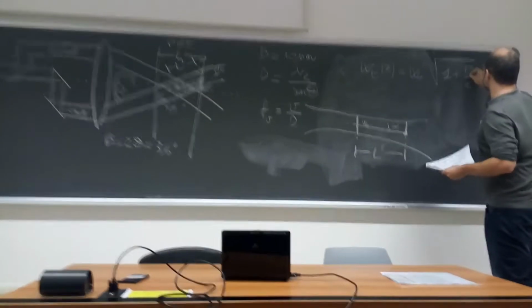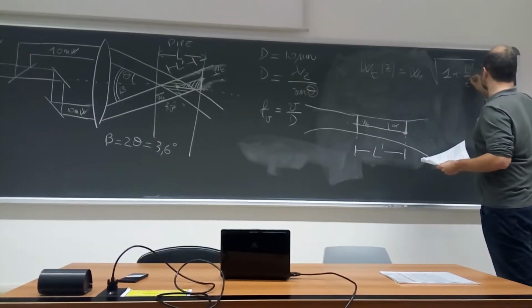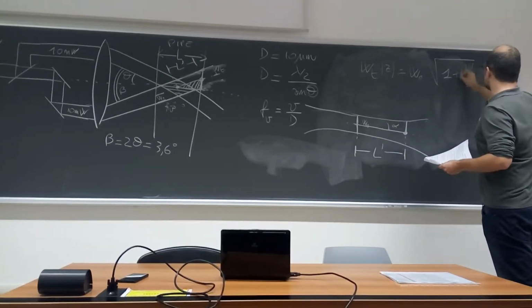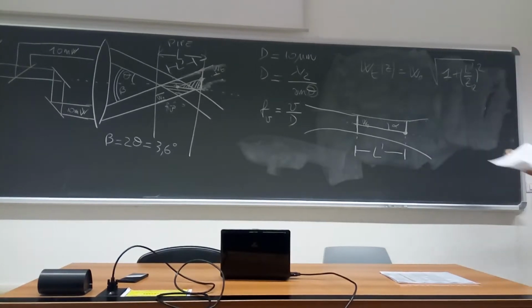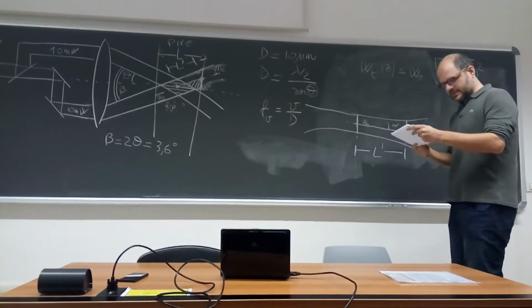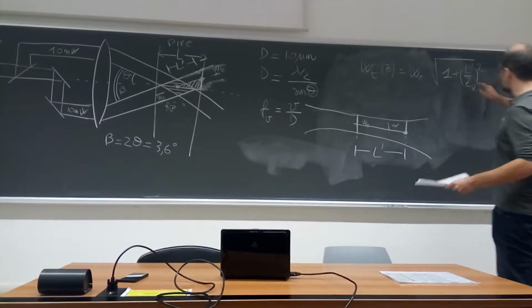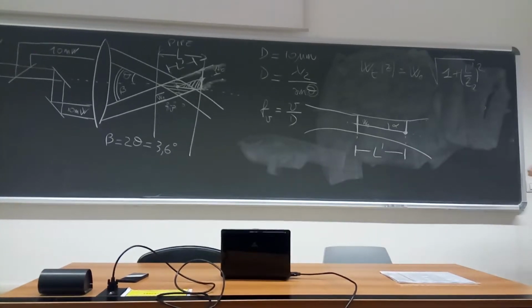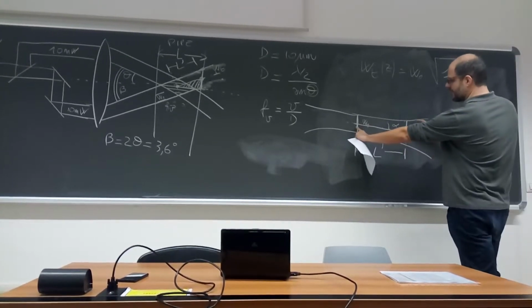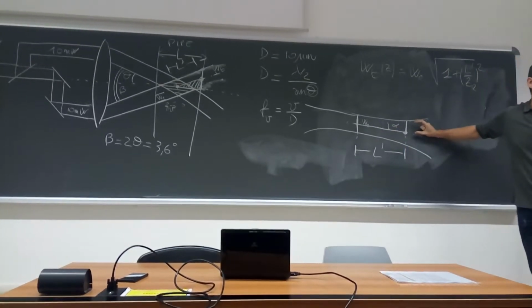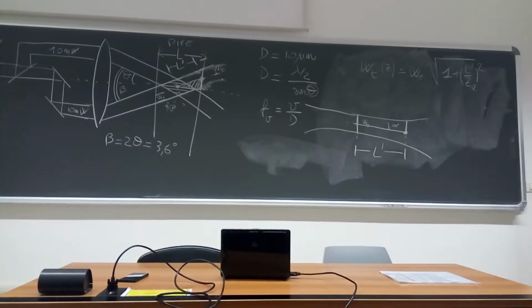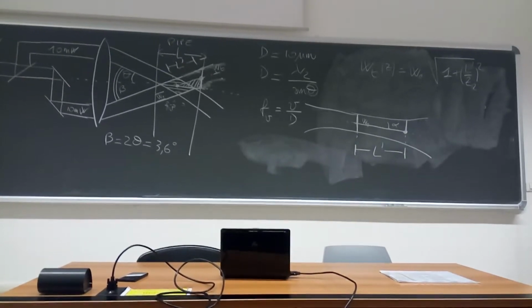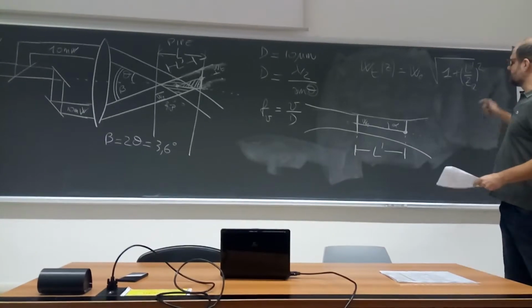Let's suppose that this is L first and this is the Rayleigh distance, okay? I never remember this: this quantity Z here is the Rayleigh distance, the distance by which we have an increase in the radius of the beam by a factor equal to square root of 2, okay?